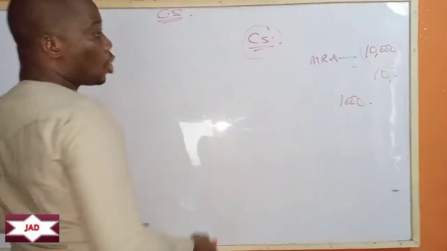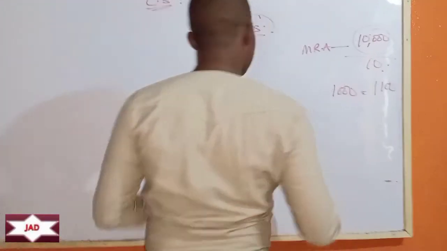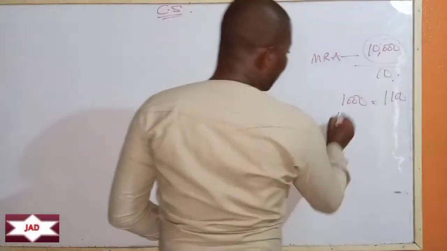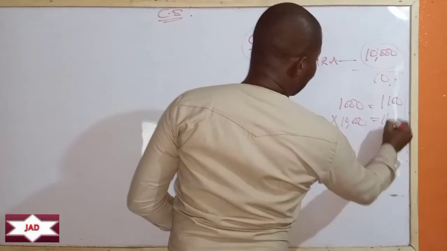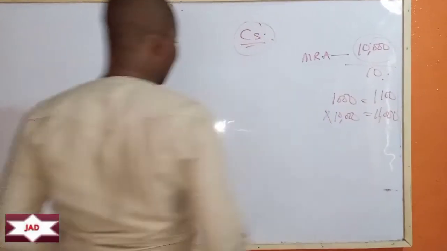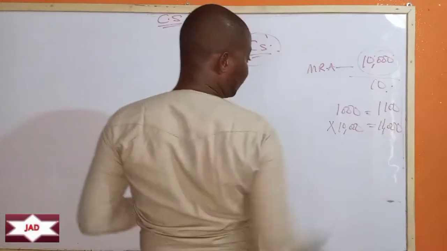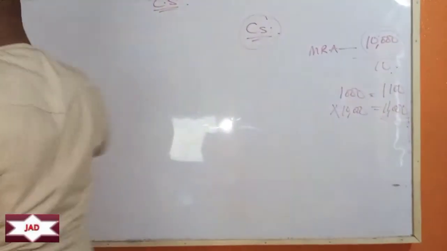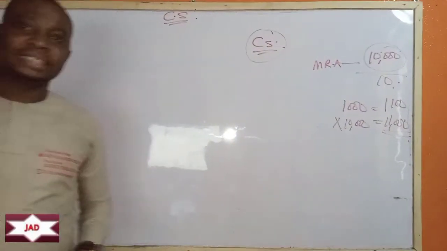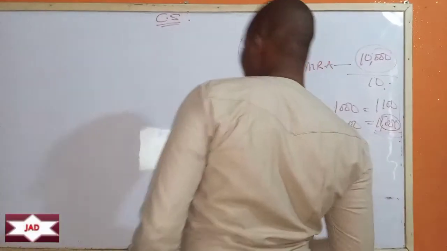Now, Mr. A can be asked to pay an additional 1,000, which is 10% of the 10,000. So Mr. A will be paying, let's say, 1,100 naira every month. So in 10 months, 10,000 naira is giving them 11,000. What it means is that Mr. A borrowed 10,000 from the cooperative and then paid back 11,000.